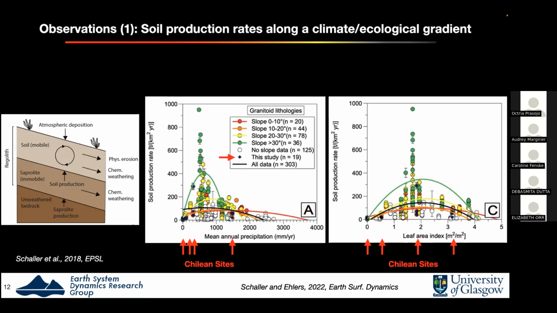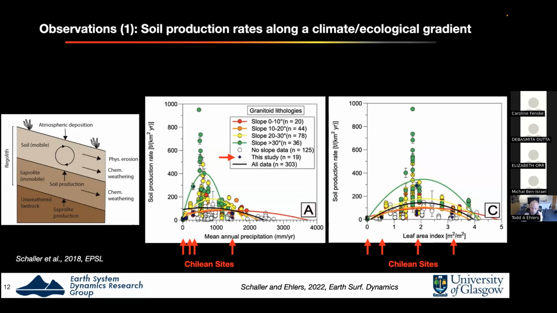The interpretation or reason for this nonlinear behavior is that in these types of landscapes, where you have more or less proportional increase in soil production rate with precipitation or leaf area index, these are ecosystems that are sparsely vegetated to semi-arid Mediterranean climates.